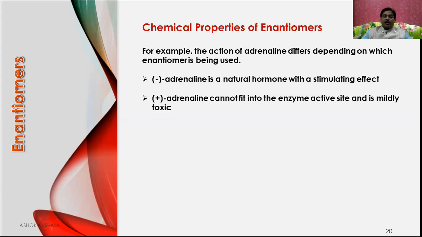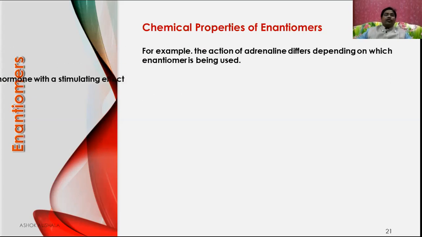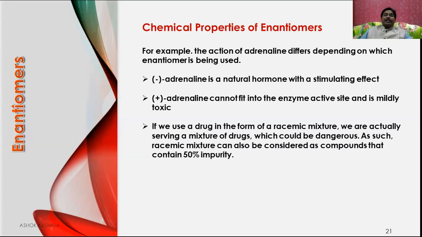If we use a drug in the form of a racemic mixture, we are actually serving a mixture of drugs, which could be dangerous. Suppose the minus form is used, it is stimulating. If the plus form is used, it is not enzyme active. If we use the racemic mixture of these two compounds, we are actually serving a mixture of drugs, which could be dangerous.